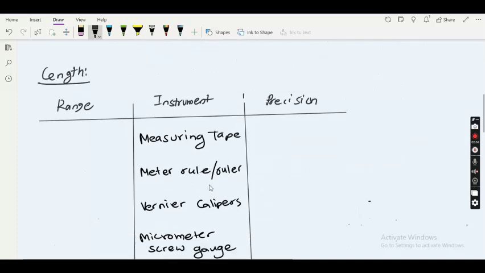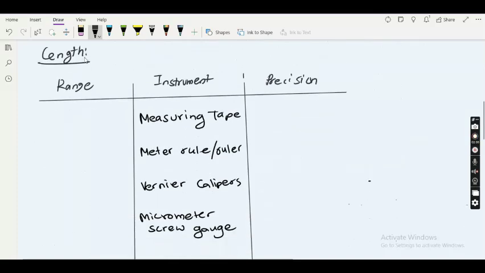Now let's move on to some common physical quantities and how we can measure them. First we will check out length. Length is the distance between any two points. And we can measure it using different instruments for different ranges.